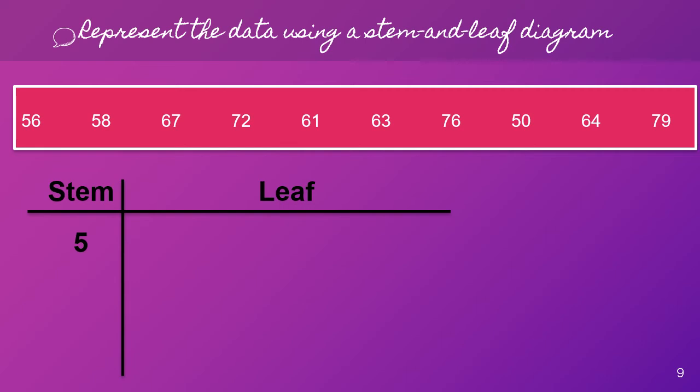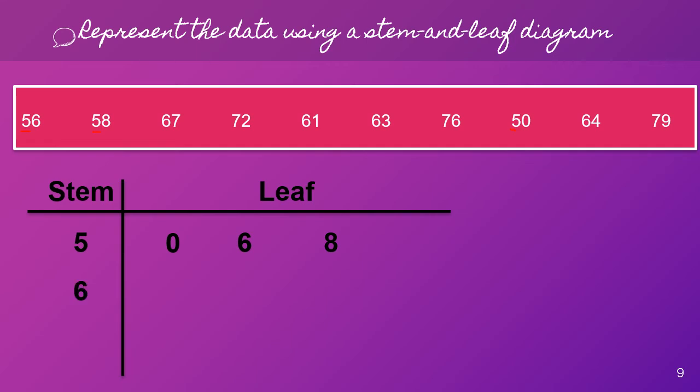For the numbers with stem 5, the leaf is 0 since we have 50, then 6 since we have 56, and 8 since we have 58.